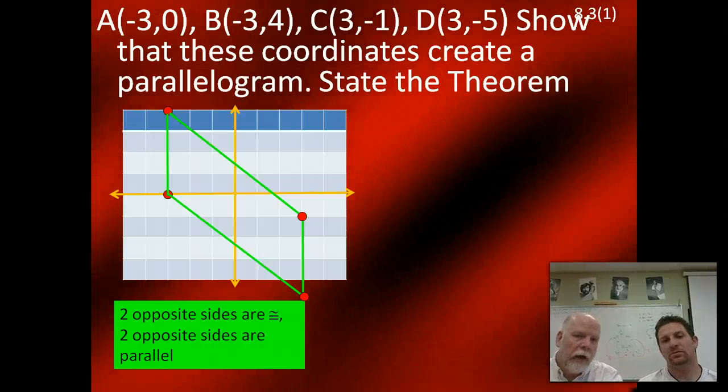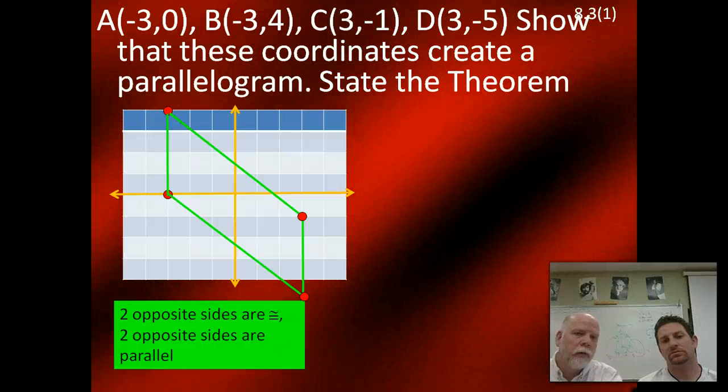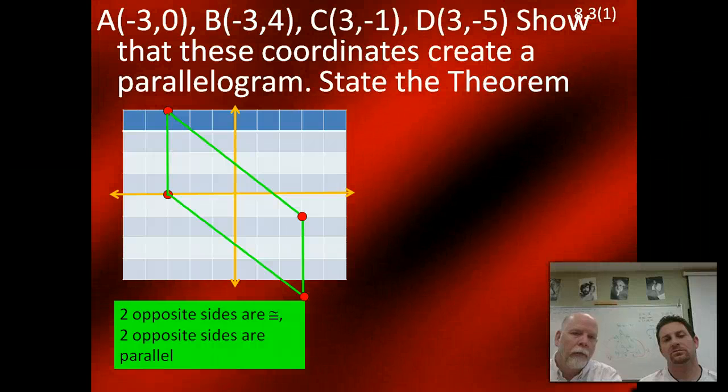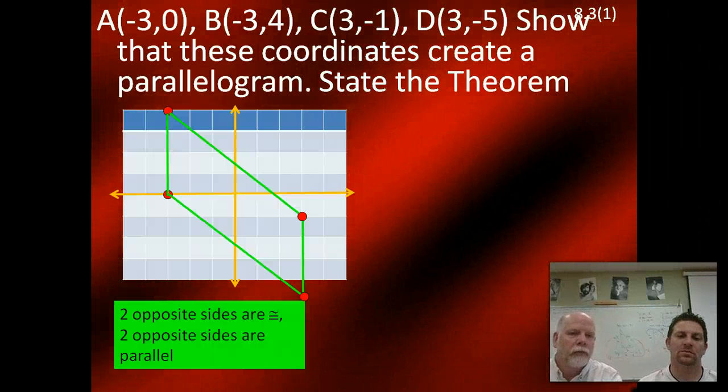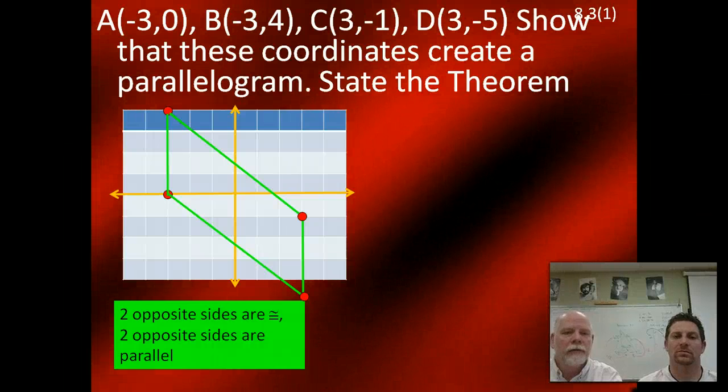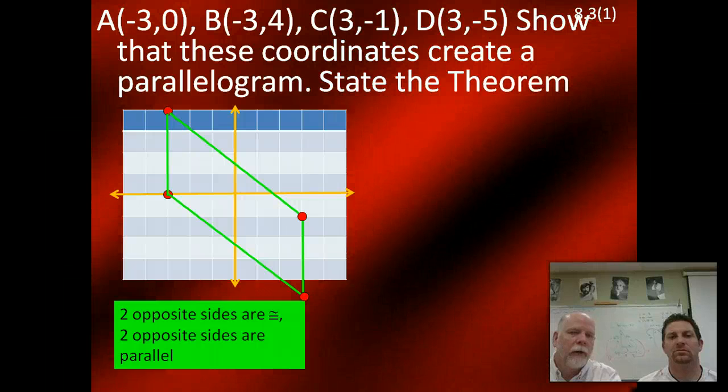And then if we count the boxes, 1, 2, 3, 4, each one is 4 units long, so they're both 4 and they're parallel to each other. Therefore that has to be a parallelogram because one pair of opposite sides is both parallel and congruent. Therefore that's a parallelogram. All right, anything else there?